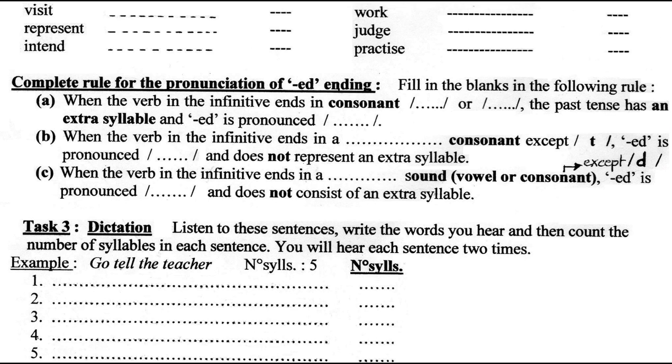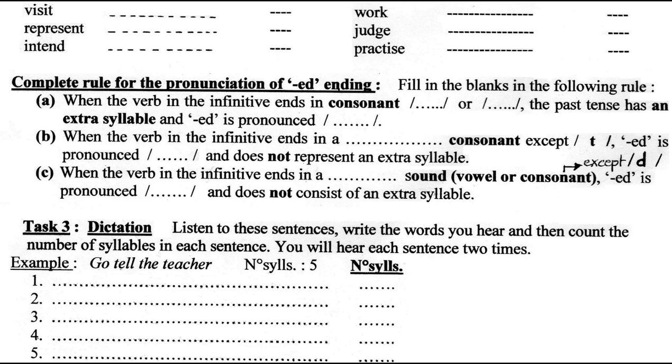So, ed in English may be pronounced in three different ways: id, t, or d. It can be pronounced id only in two cases, when it is after t or d, only two sounds. Ed is pronounced t when it is after voiceless sounds, and it is pronounced d when it is after voiced sounds.